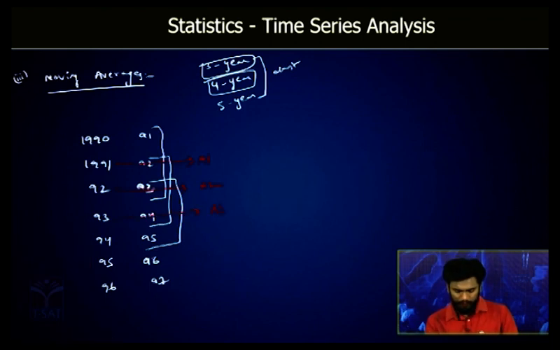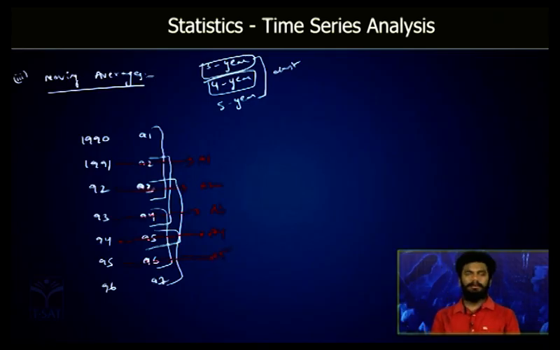The same way, for 94, 95, 96, I will assign the A4, A5 values. See here, in the 3-year moving average there is no value for 1990 and no value for 1996. That is, 2 values are reduced in the 3-year moving average. There will be a null value here and a null value here. Okay?